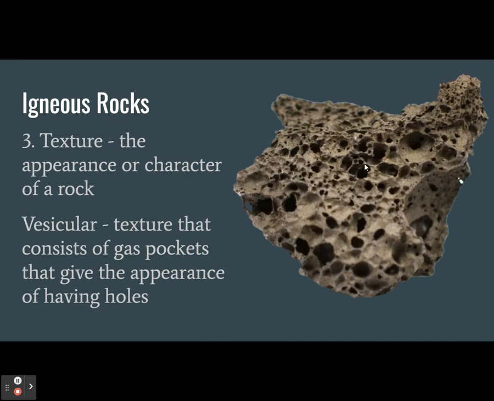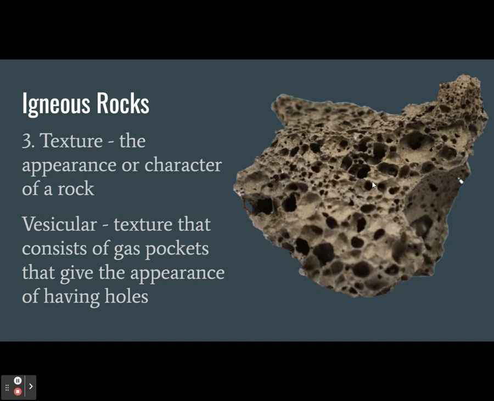So what happened when this is an extrusive rock. We can tell it's extrusive because there are no crystals. As this extrusive igneous rock was shot out of a volcano, it cooled so fast and so rapidly that it solidified with no crystals, but also there was gas trapped inside of this rock.